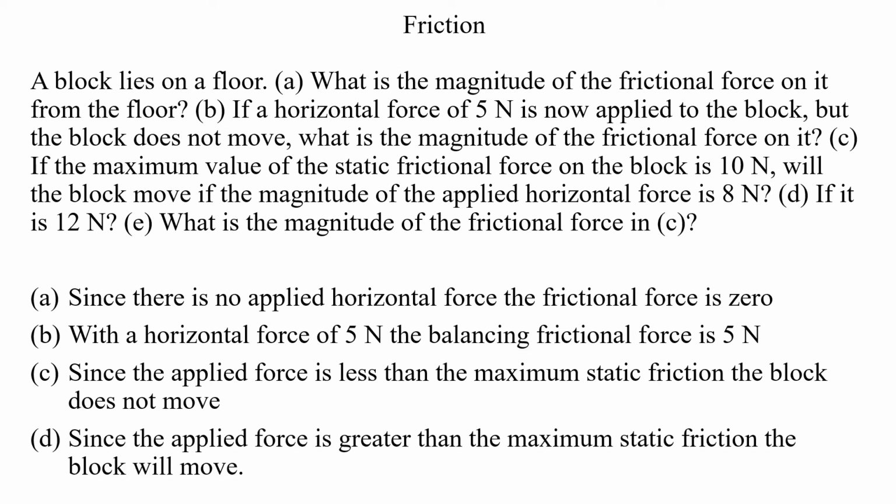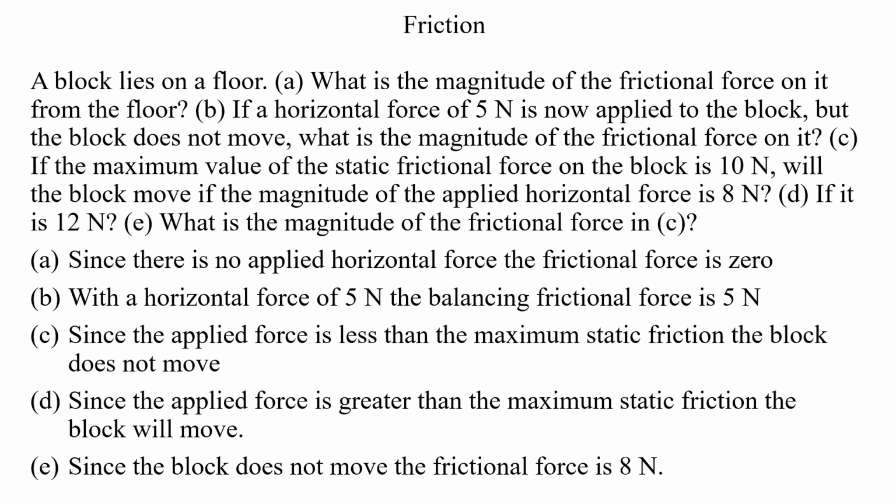Now, what if I push with a force of 12 newtons? Well, we're given that the maximum static friction is 10 newtons. So if I push with a force of 12 newtons, my applied force is greater than the maximum static friction, and now the box will move. And it will slide, and we no longer have static friction. At that point, we will have kinetic friction.